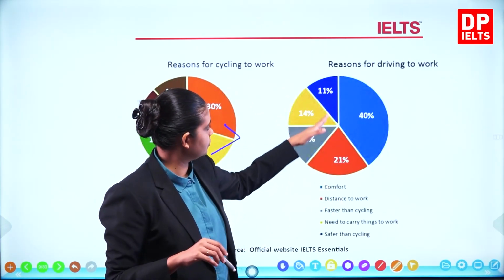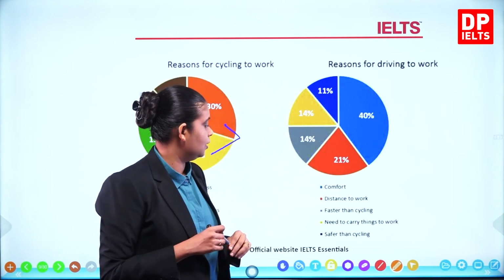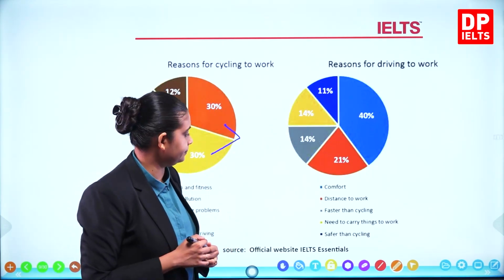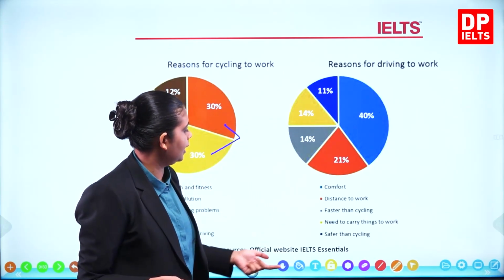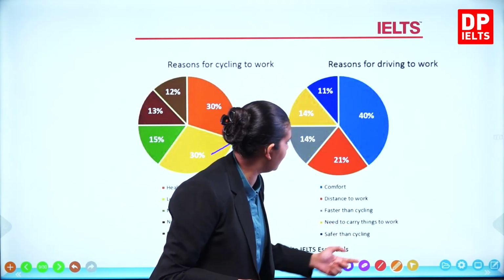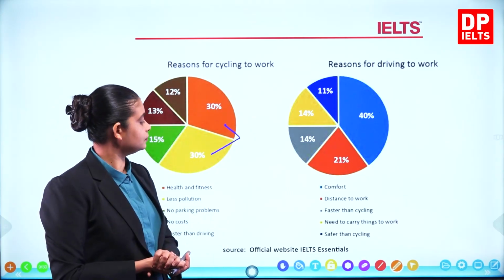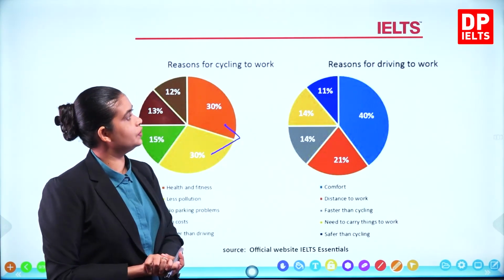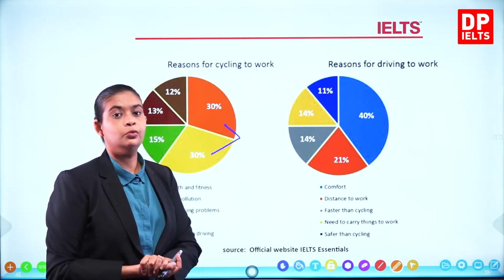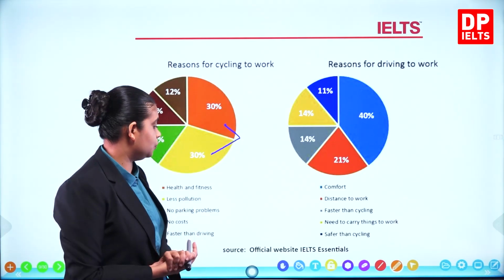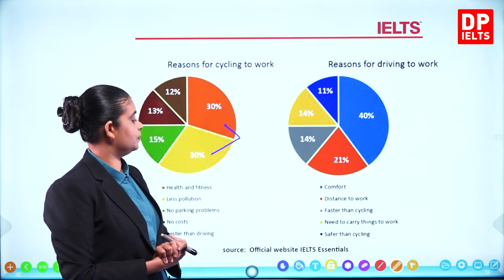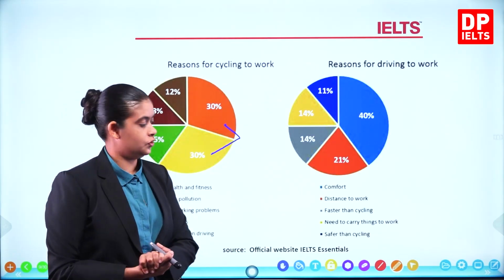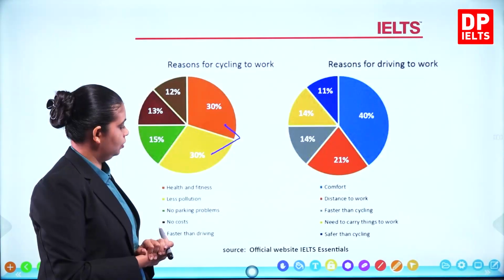Then of course, it was equal amounts for faster than cycling, and because you need to carry a lot of things to work, and then safer than cycling, right? So those were the reasons why some would actually drive to work. Again, this is an extract from the OET official website.